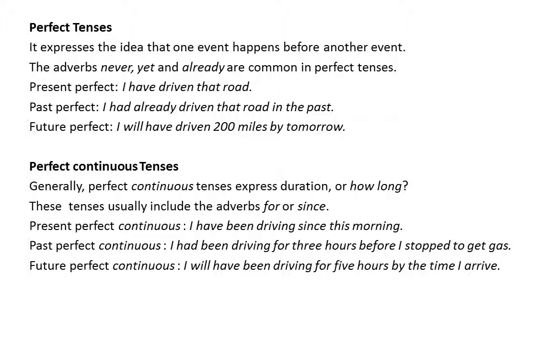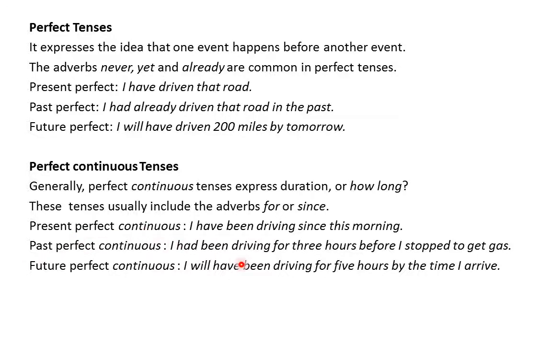Generally, perfect continuous tenses express duration, or how long. These tenses usually include the adverbs for or since. For example, I have been driving since this morning. This is present perfect continuous.